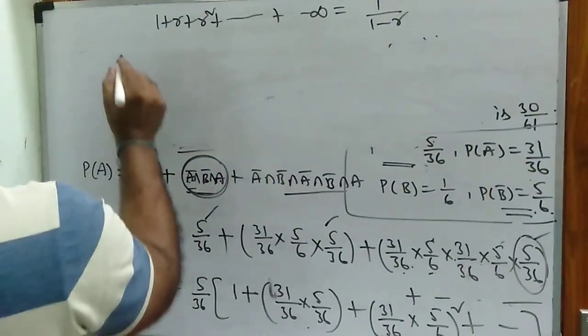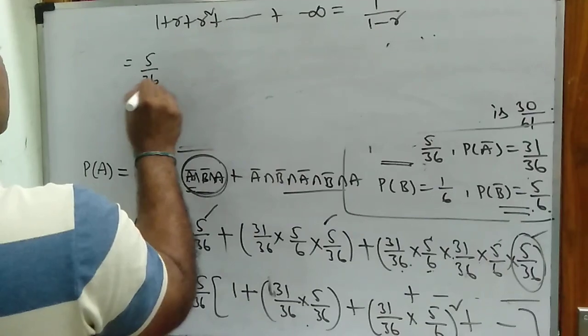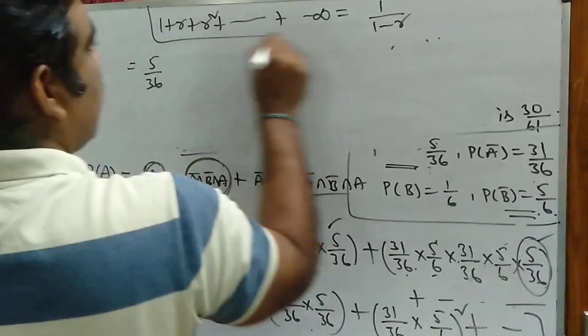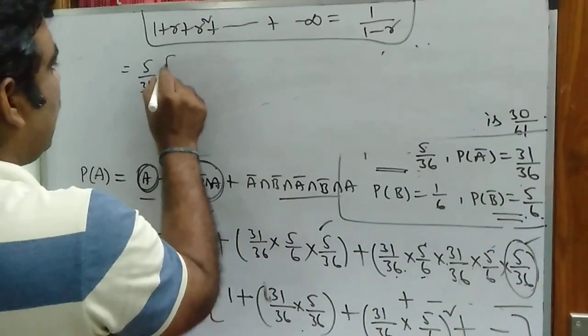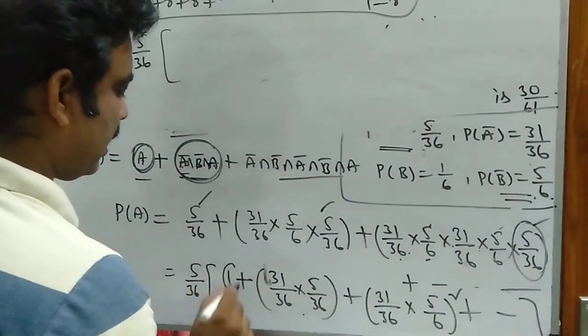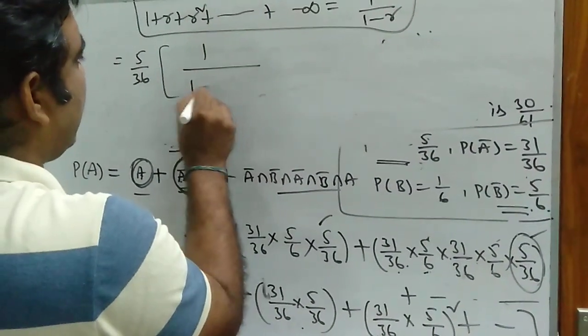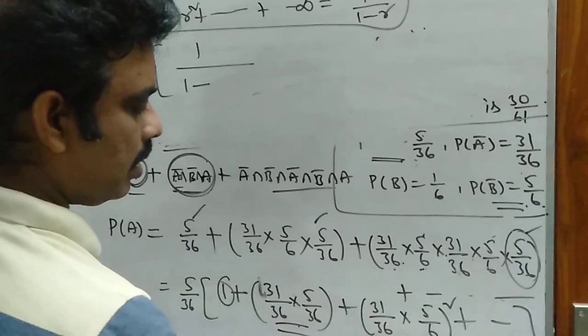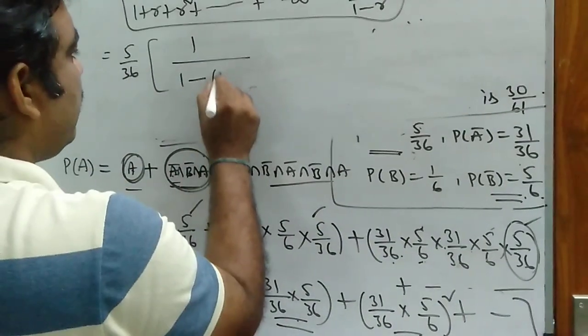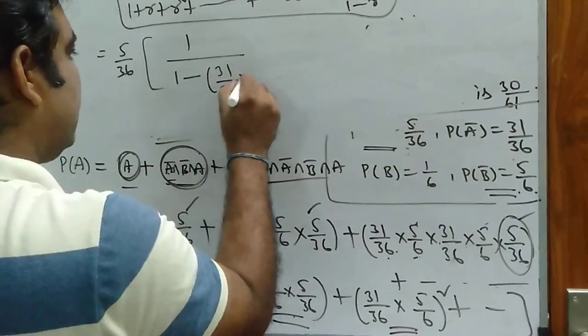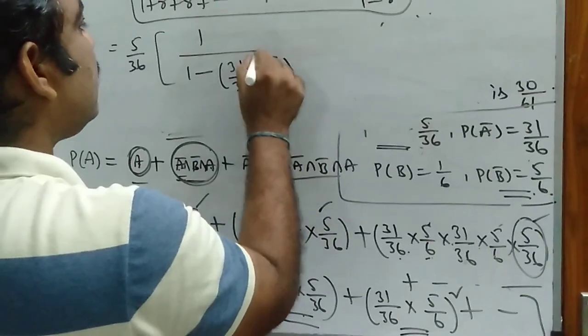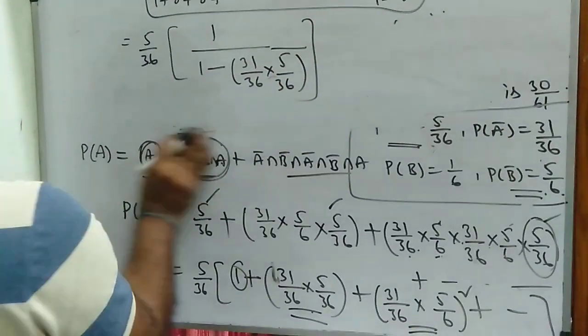So I am using this formula, a by 1 minus r, with 5 by 36 as it is. Here the initial term a is 1, so it is 1 by 1 minus r, where r is 31 by 36 into 5 by 6, that is the required value.